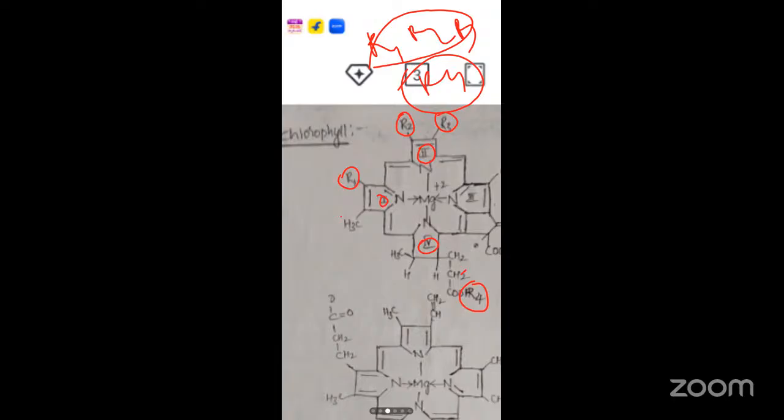How to explain simply what the structure of chlorophyll is? In the center, the magnesium is surrounded by the four pyrrole rings, numbered 1, 2, 3, 4. The first pyrrole ring contains the R1 alkyl group, the second contains R2, R3, and the fourth contains R4.